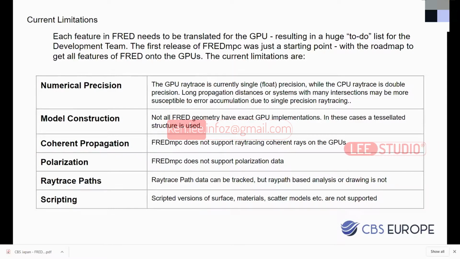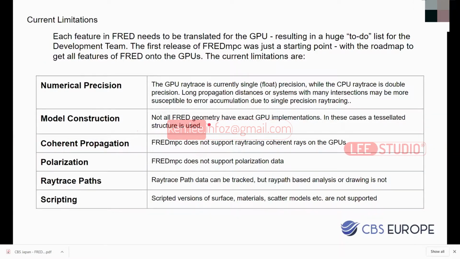This is only really critical if you need accurate optical path length data and things like that, or we're talking about optical surfaces where you need very high accuracy intersection points. But that's something that will be switched over in the coming versions of FRED.